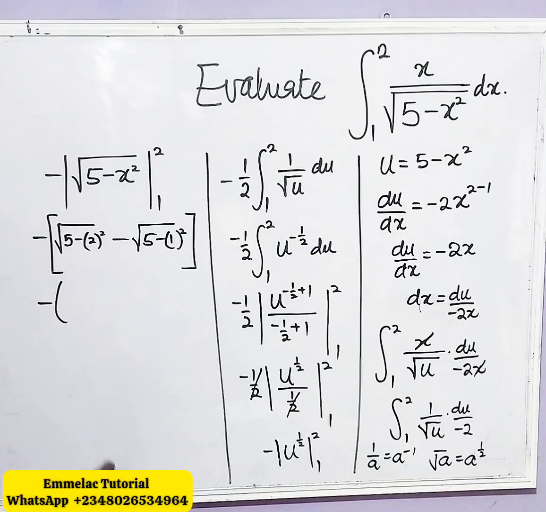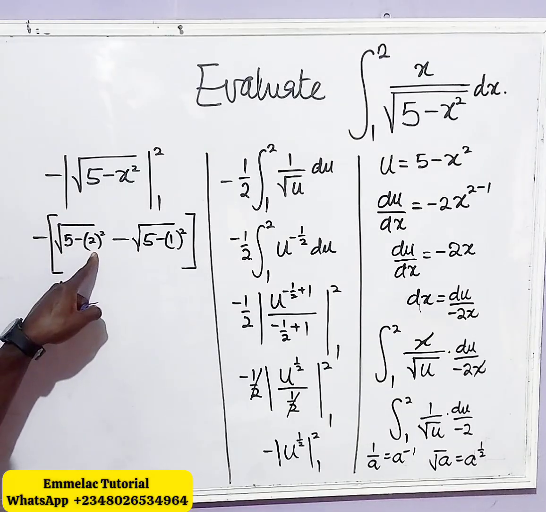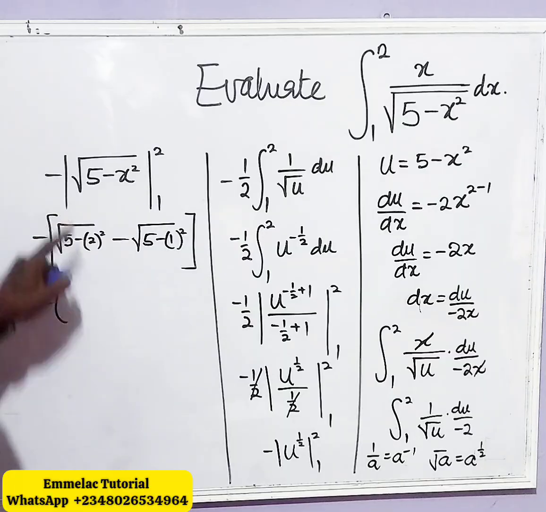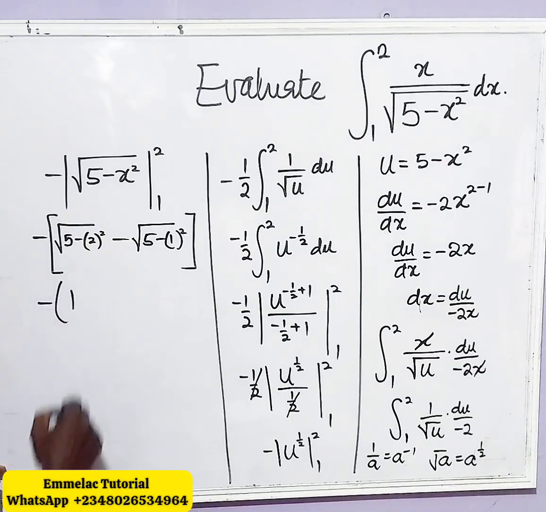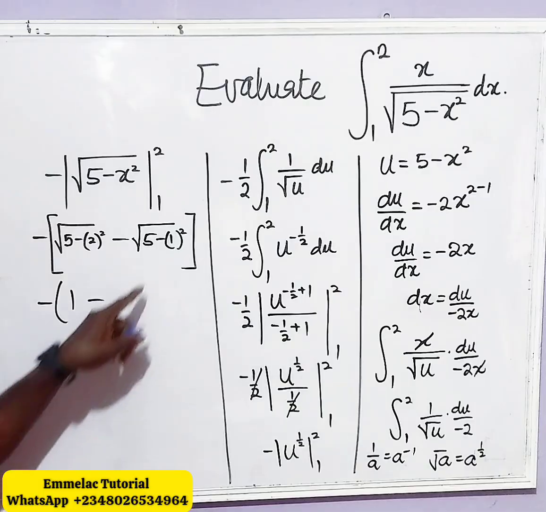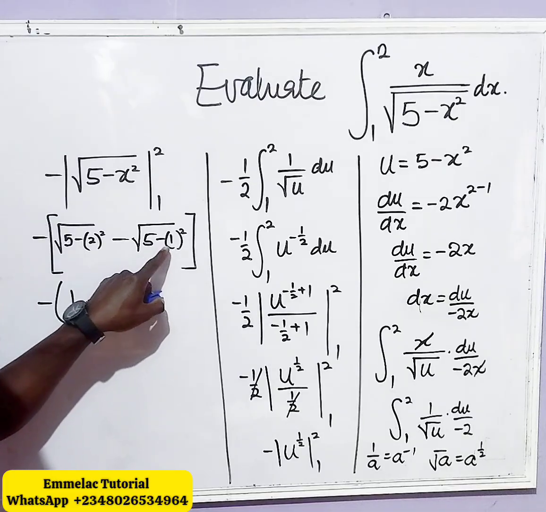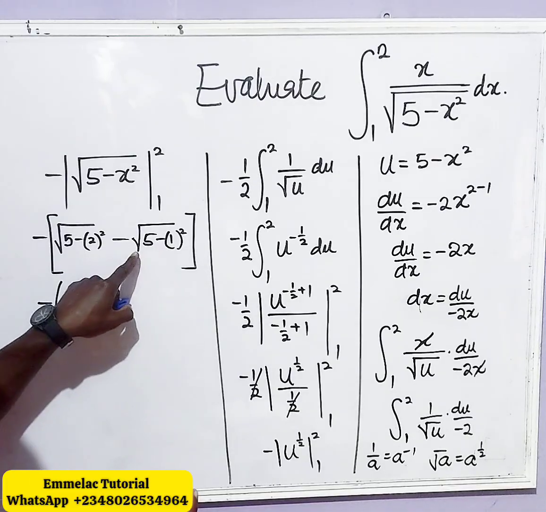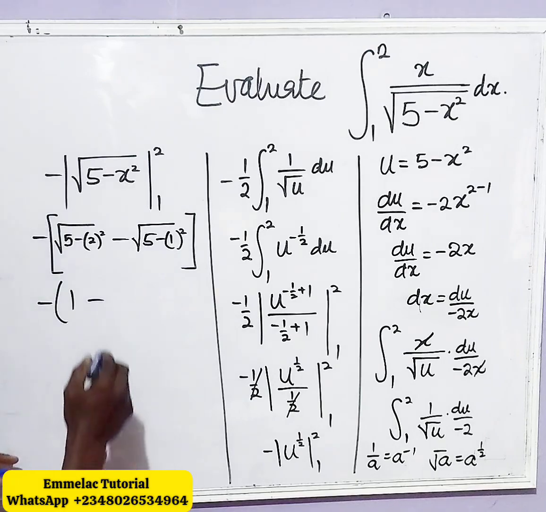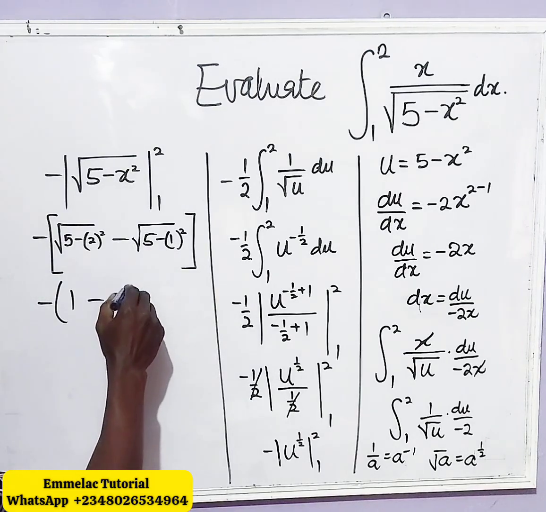This is 4, so 5 minus 4 gives us 1, and the square root of 1 is 1. Then minus, this is 1, then 5 minus 1 gives us 4, so the square root of 4 gives us 2.